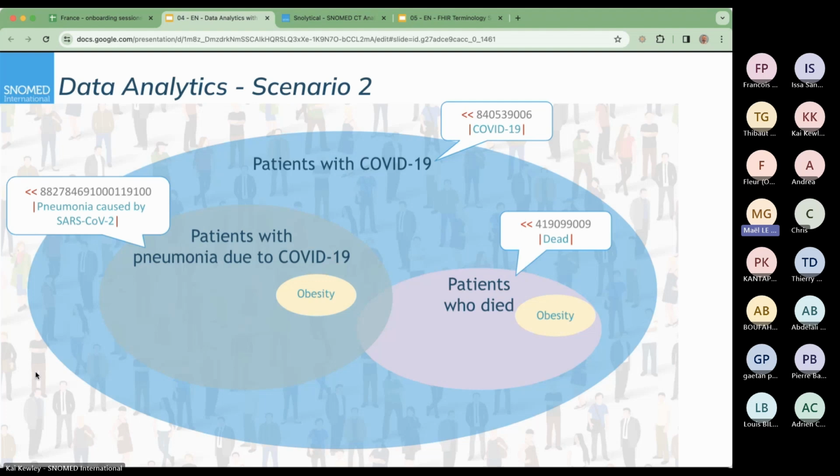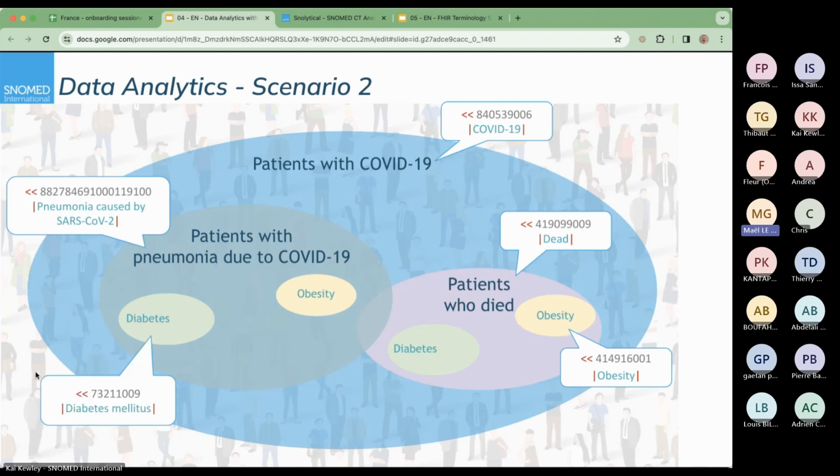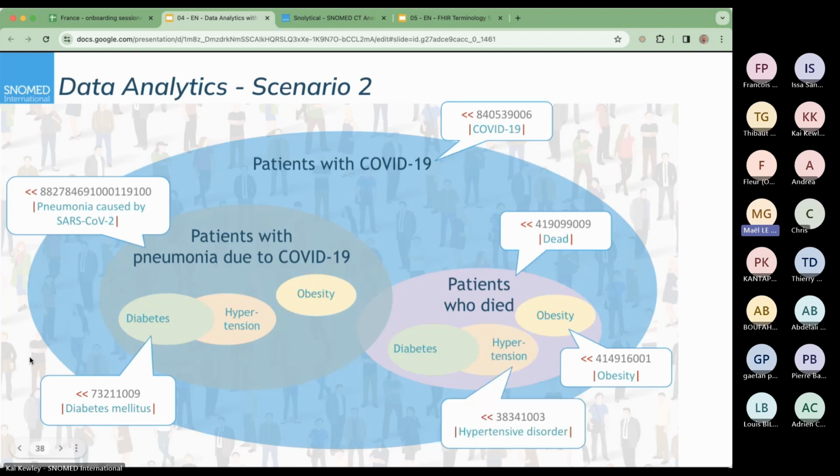So which comorbidities are most serious. So we can define a group of patients for obesity and just measure the correlation of patients who died and patients who have COVID pneumonia. We could do the same for diabetes, and we could do the same for hypertension, high blood pressure.